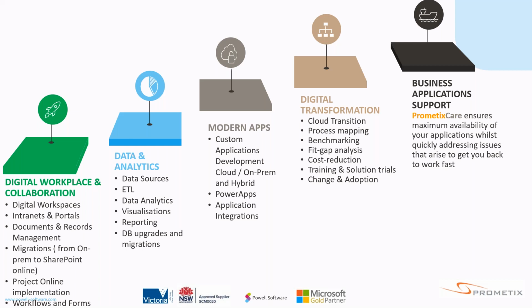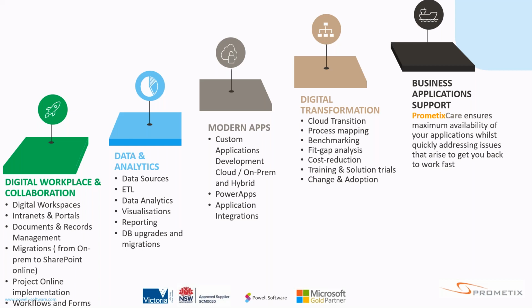Then the question is what Promatics delivers. We have 5 verticals here, clearly articulated. There is digital workplace and collaboration, where we deliver intranets and portals, and documents and records management. If you have any existing or legacy systems, or file share based documents, we are happy to migrate that, give you a migration approach, and migrate that to the new systems.